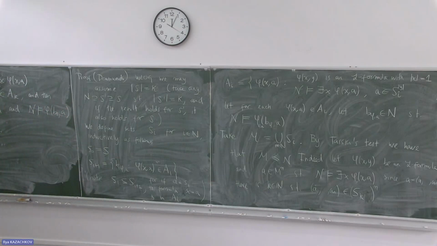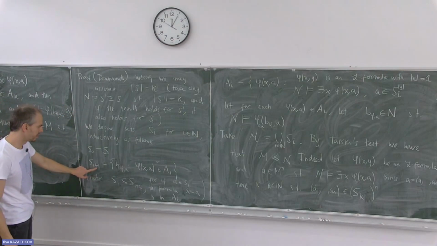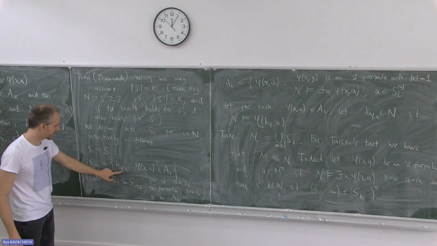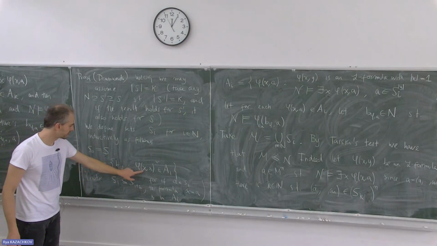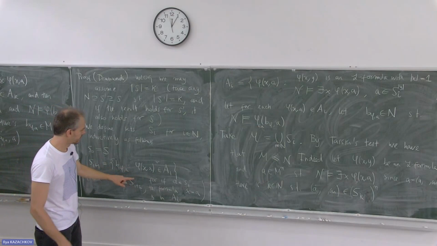But this means that there is B_phi,A in M such that N already satisfies the formula. I need to put here A and then a big A. Also, the definition of S_{i+1}, B_phi,A, here? Or maybe it's confusing.